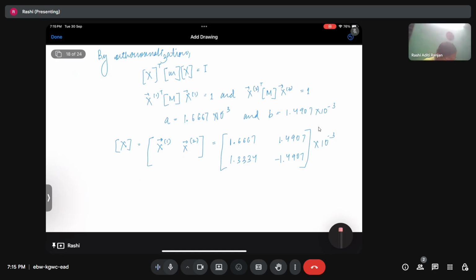I will not write x over here because then it will be the sign of multiplication and there would be confusion. You can just understand that this is multiplication.